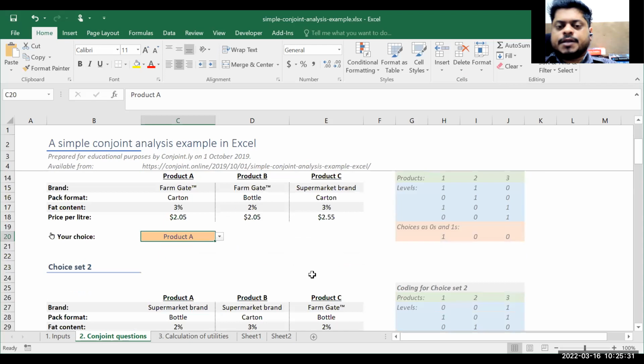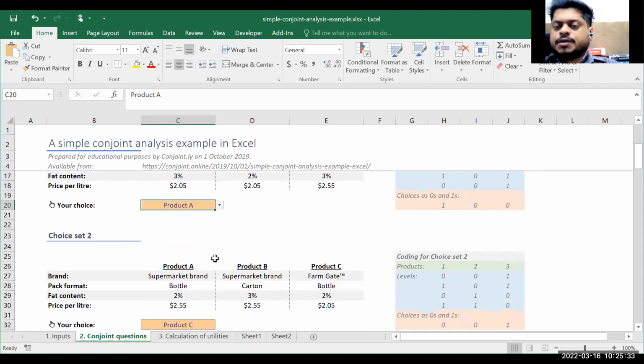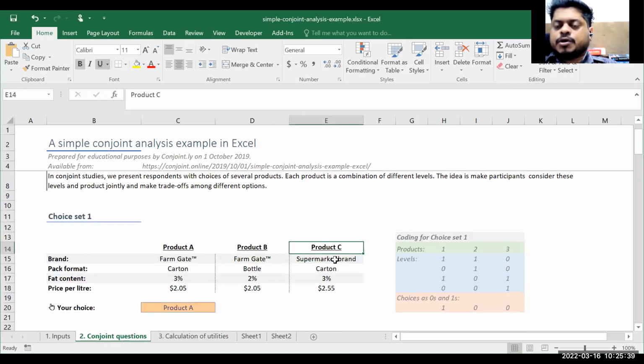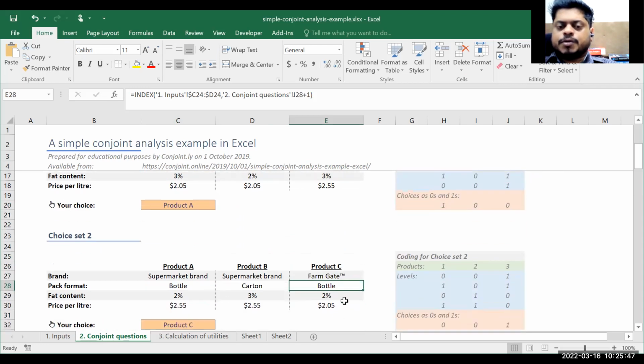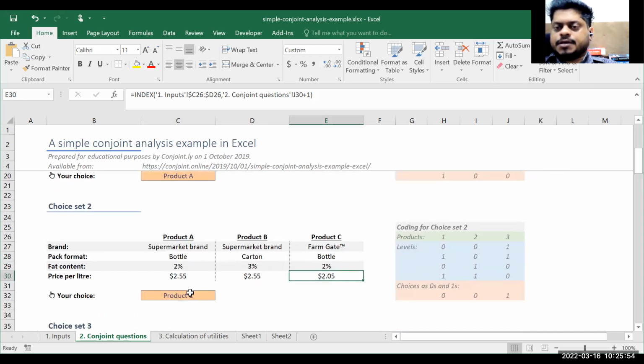For some other person, I'm giving some other set of products A, B, C. It is not necessarily the same product. Here product C was supermarket brand carton 3% at $2.55, but here it is Farmgate bottled product with 2% fat content at $2.05. Then that person chose product C as his or her choice.